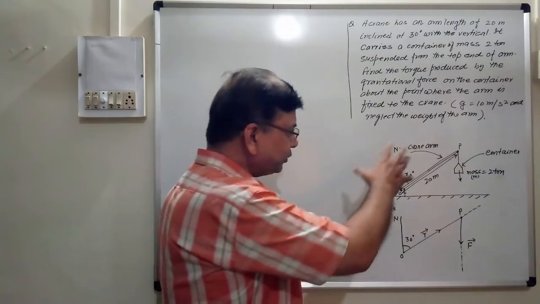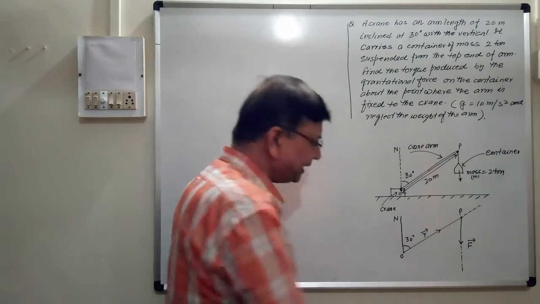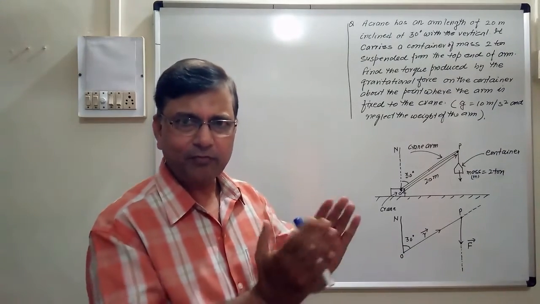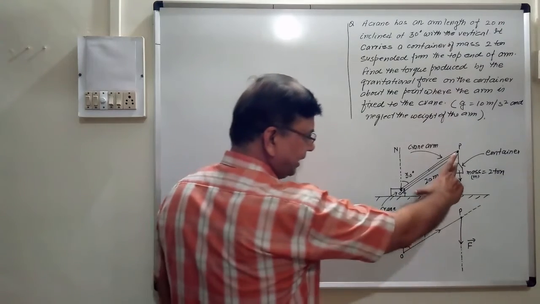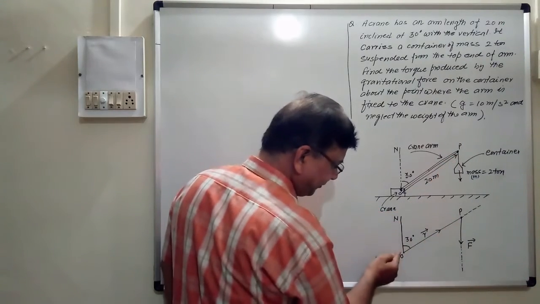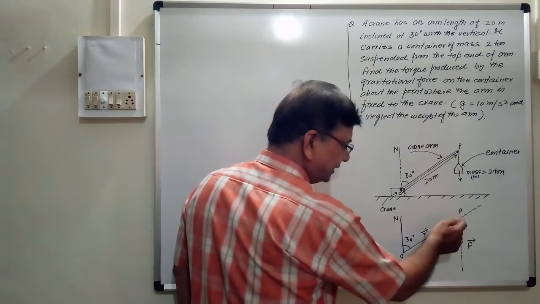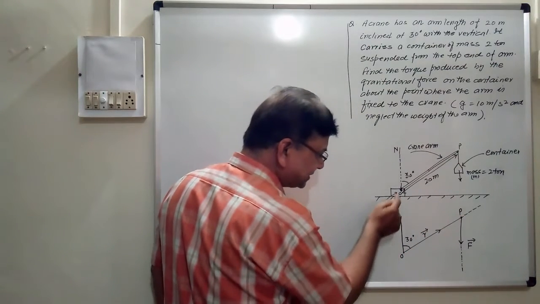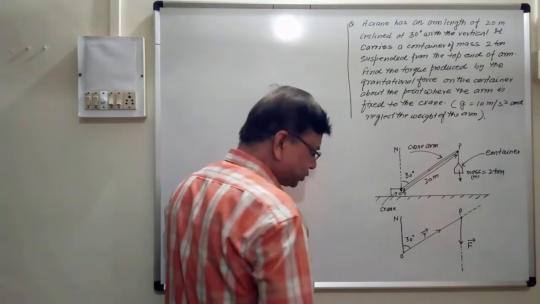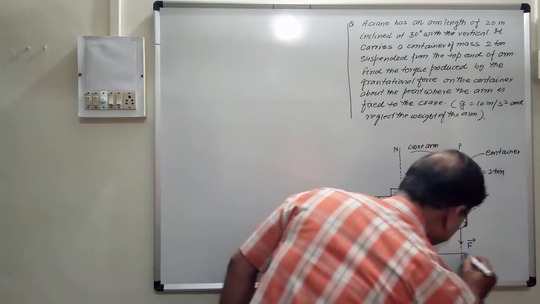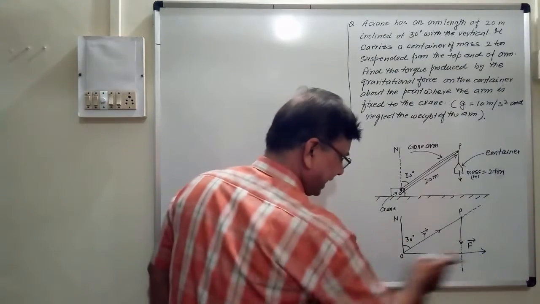So related to this, I have drawn another figure showing only arm in the form of vector. See, arm is this, so I have shown this from O to P as the vector R. This is a position vector, considering this point as origin. So this is one axis, and I will consider this as another axis, x-axis.